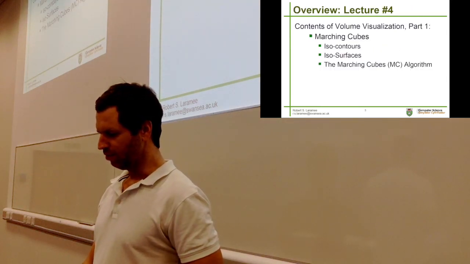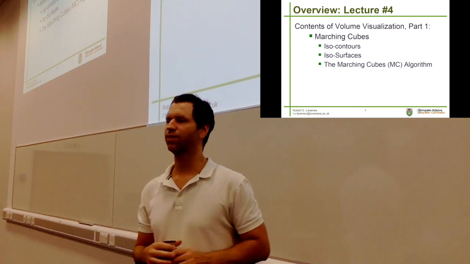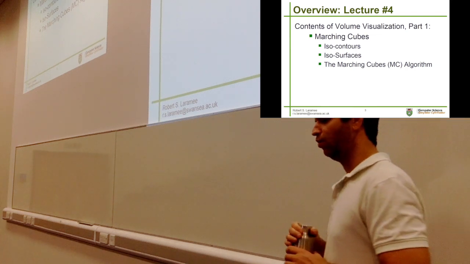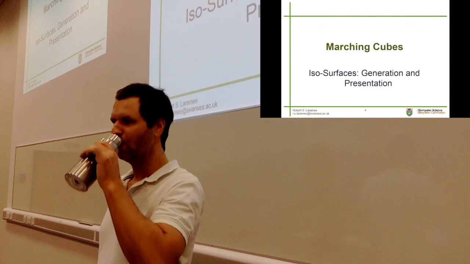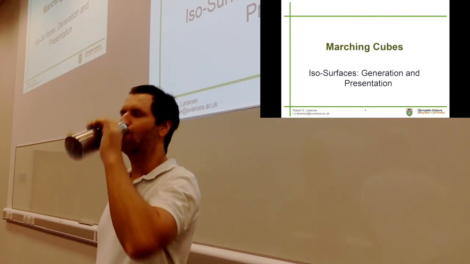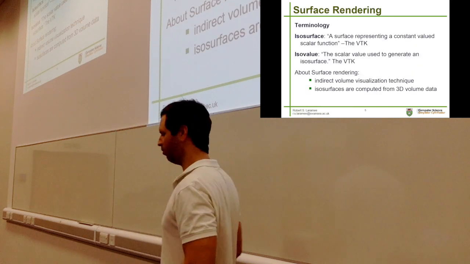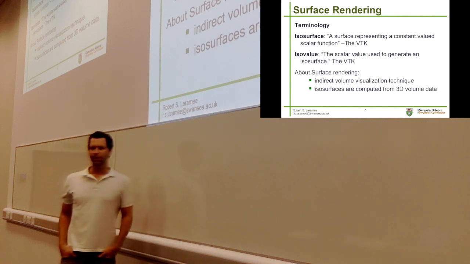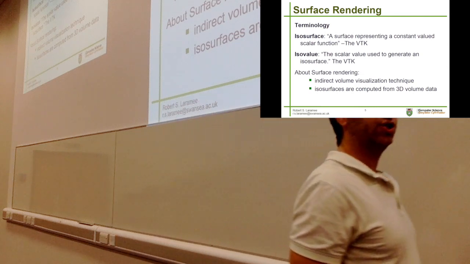So we're going to talk about marching cubes, and before we talk about marching cubes, which is a 3D version of a surface extraction algorithm, we'll talk about marching squares, which is a 2D version. But we won't be able to finish it today, we'll just be able to start it. But before we do, we're going to discuss some terminology.